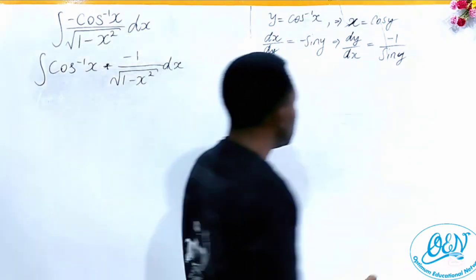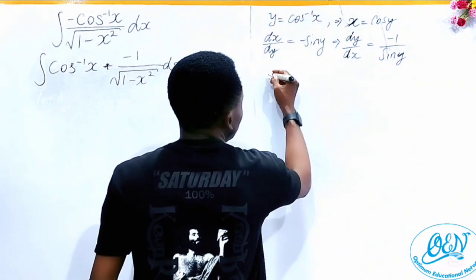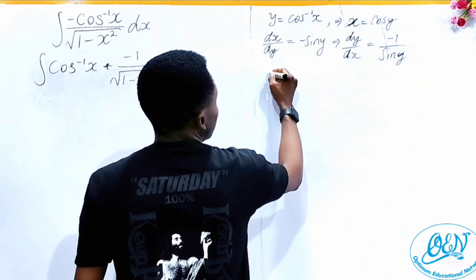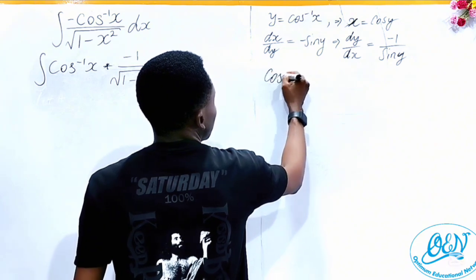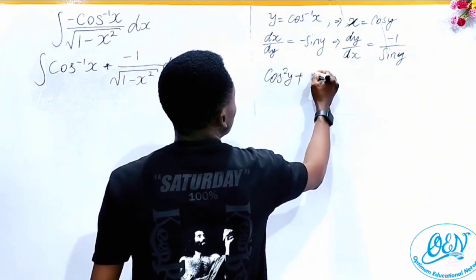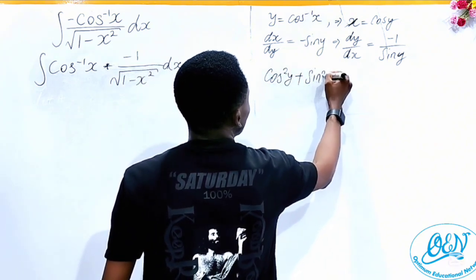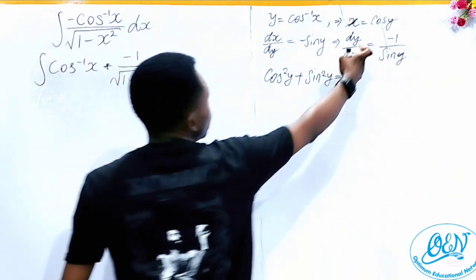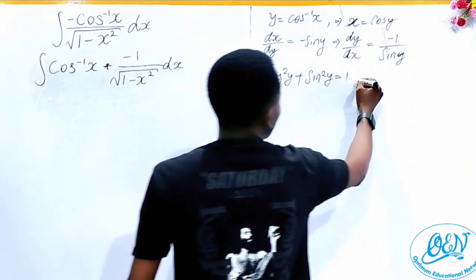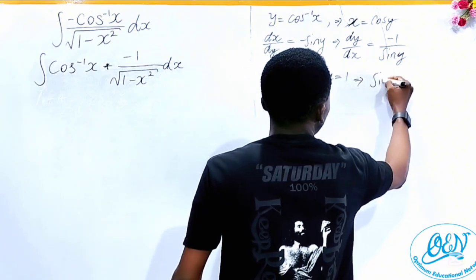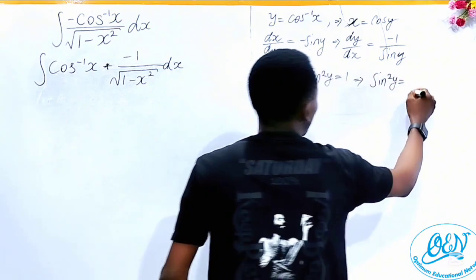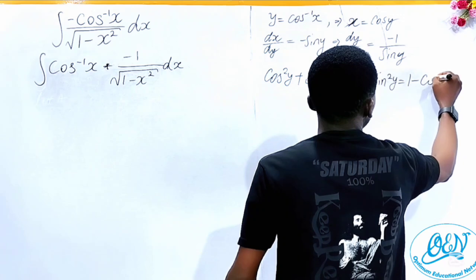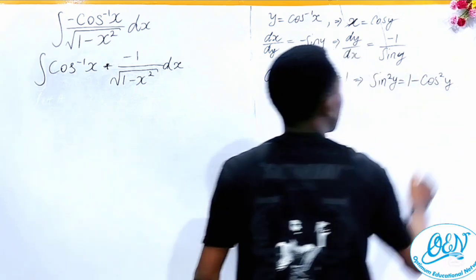Now, having this in mind, remember this trigonometric identity: sine squared y plus cos squared y is equal to 1. Now we are targeting this, so we can say that sine squared y is equal to 1 minus cos squared y.